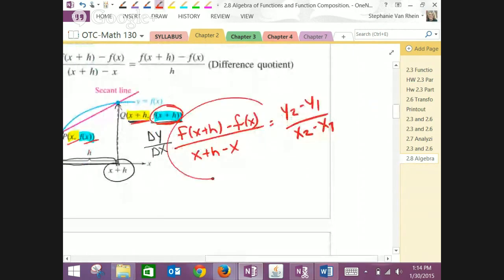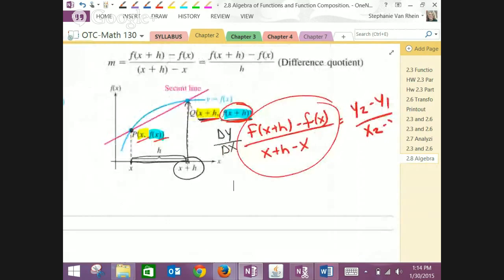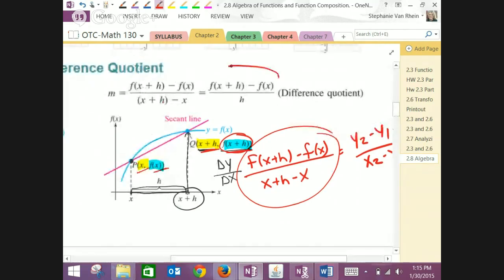So what we're doing is the same thing, but we're naming it x and f of x, and x plus h and f of x plus h. So we have these 2 points, x and then an x plus h value. That is what's known as the difference quotient right there. F of x plus h minus f of x divided by h.